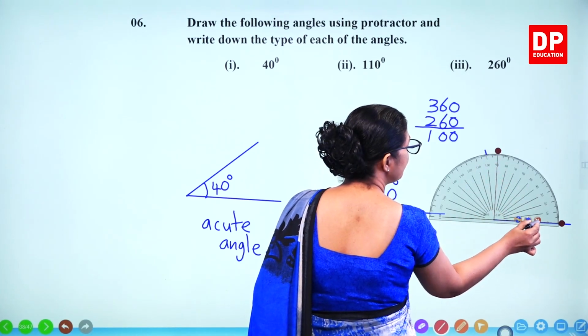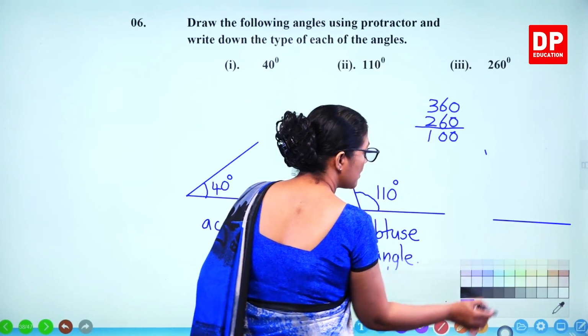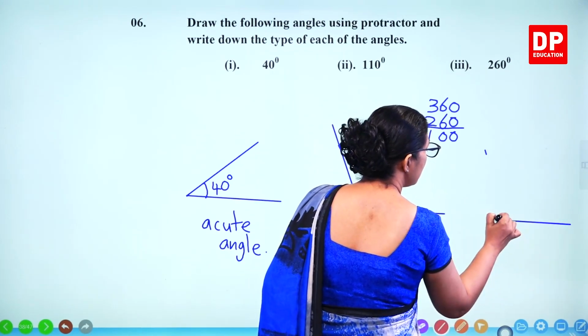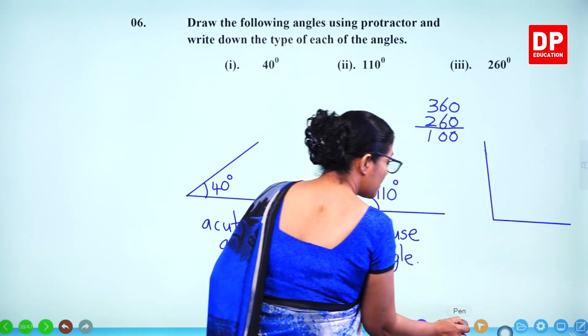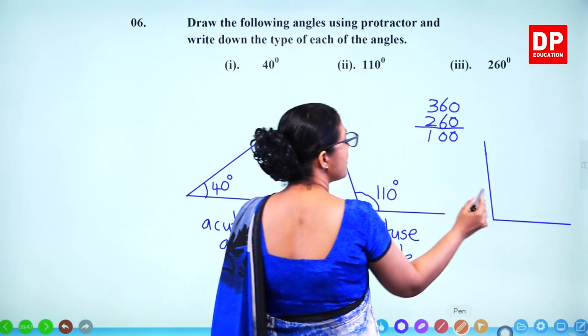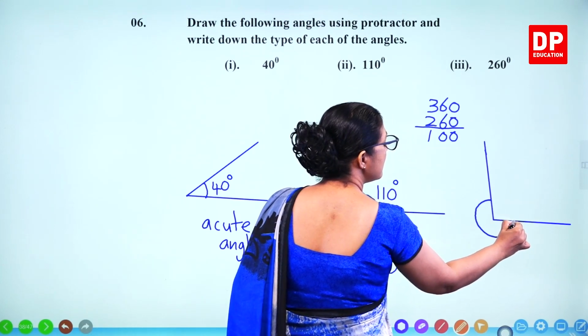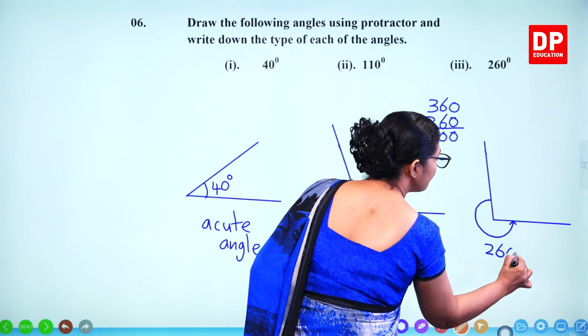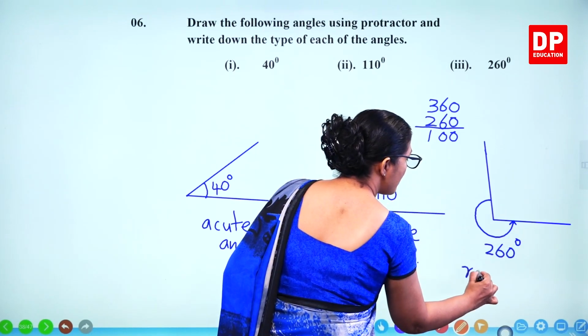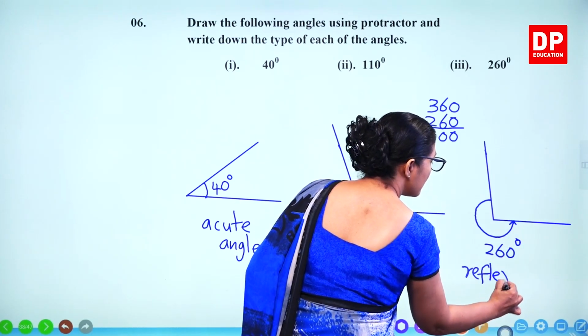Then draw the line here to here, and this is the reflex angle. You don't need 100, you need the other angle. This is the angle, that's 260. So that's a reflex angle.